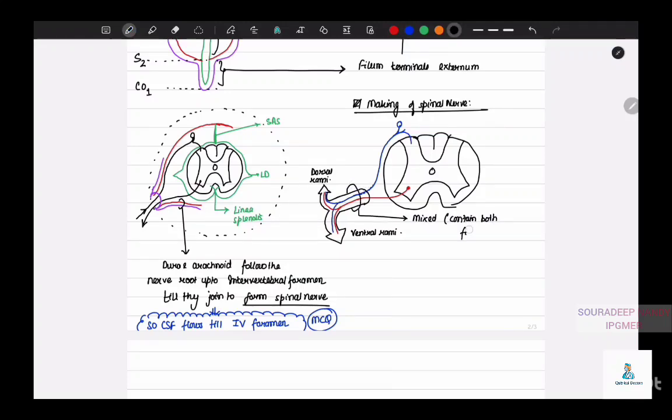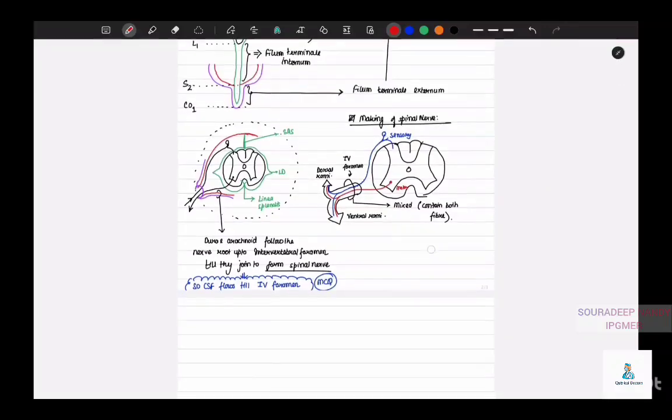That is why the spinal nerve is called a mixed nerve.